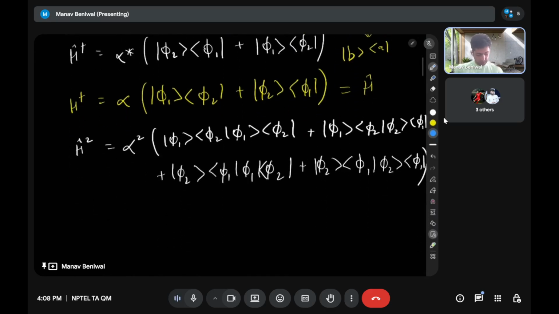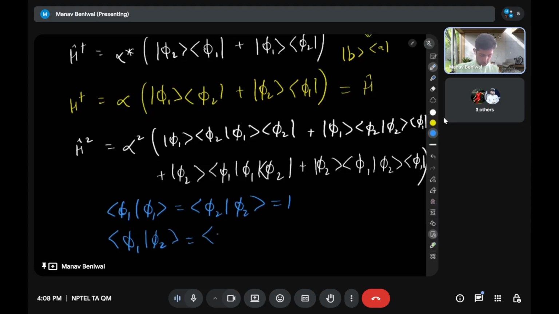This will mean that <phi 1|phi 1> equals <phi 2|phi 2>, which equals 1, whereas <phi 1|phi 2> or <phi 2|phi 1> equals 0.